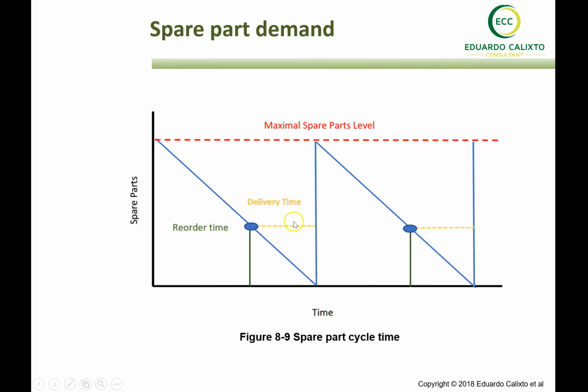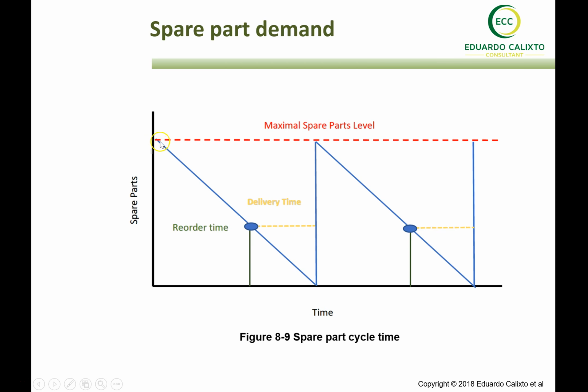Whenever we order equipment, we need to be sure that the reorder time and delivery time will be enough to avoid any impact and downtime caused by lack of spare parts.